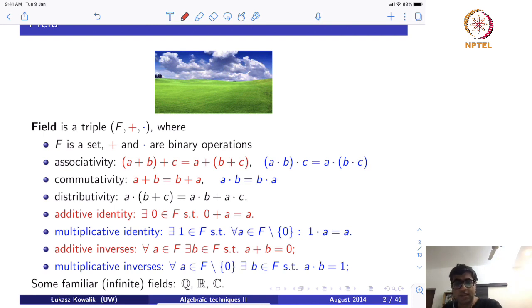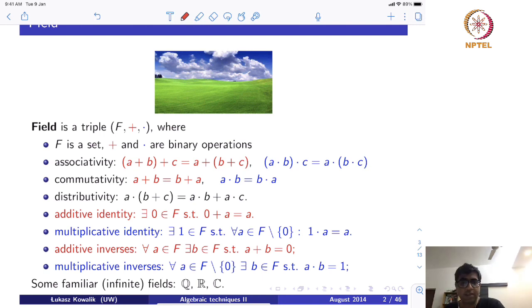Then there is a multiplicative identity, which means that if you multiply with it you get the same element, and similarly additive identity is like 0, which if you add to an element you get the same element. There is also a notion of multiplicative inverse, which means that for all a in F minus {0} there exists b in F such that a dot b equals 1.